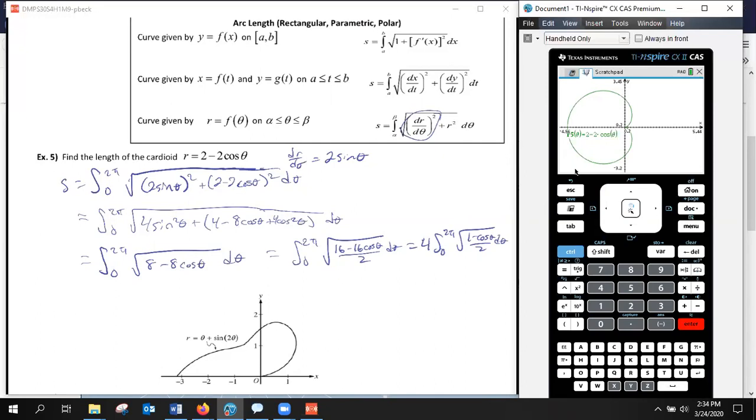And I'm not sure how many of you recognize that ends up just being from 0 to 2 pi, that ends up being the sine of theta over 2.